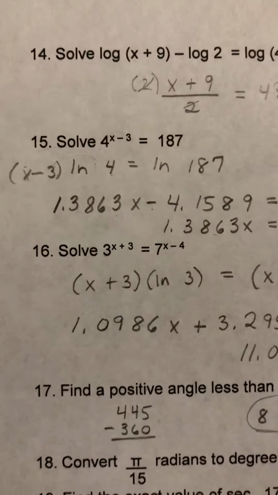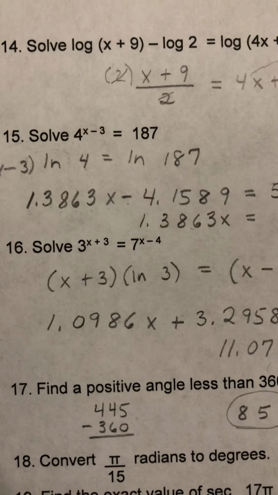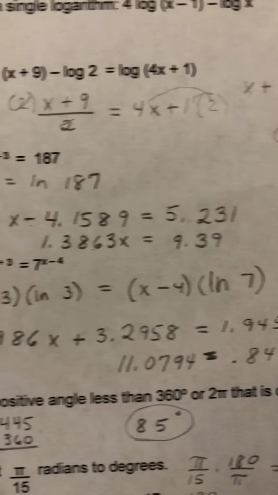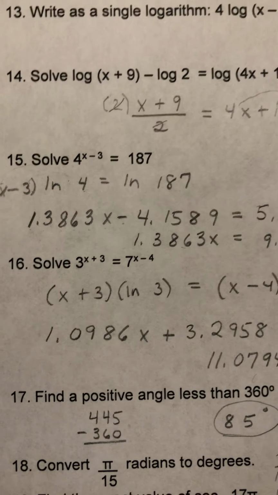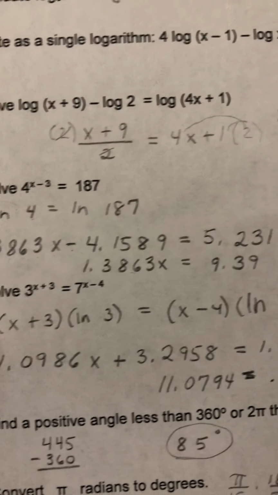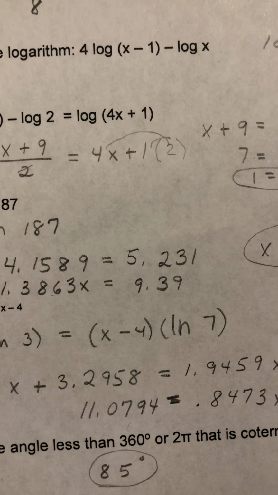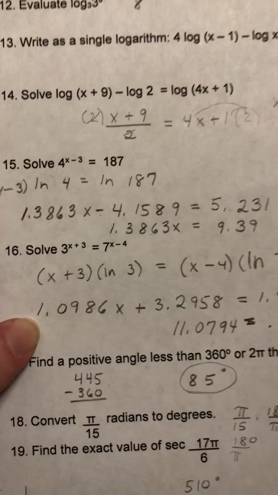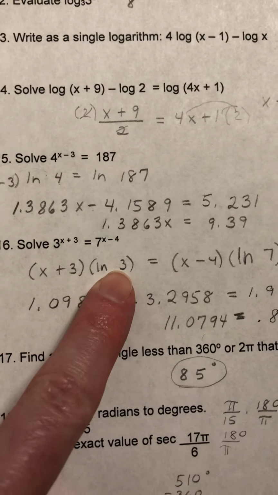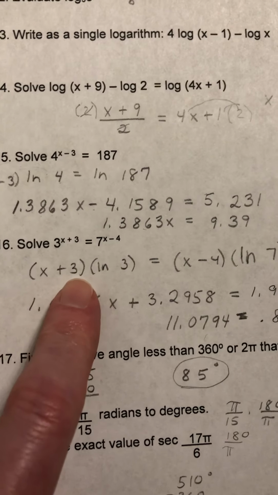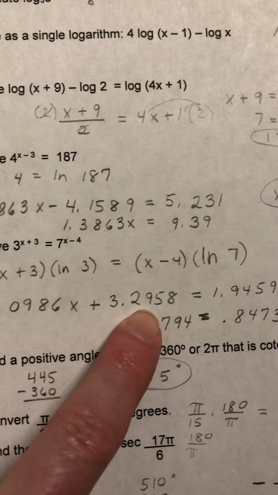In problem number 16, I took the natural log of both sides of the equation again. The exponents are going to come down in front, so I have x plus 3 times the natural log of 3 equals x minus 4 times the natural log of 7. Use the distributive property, so the natural log of 3 times x is this. The natural log of 3 times 3 is this.